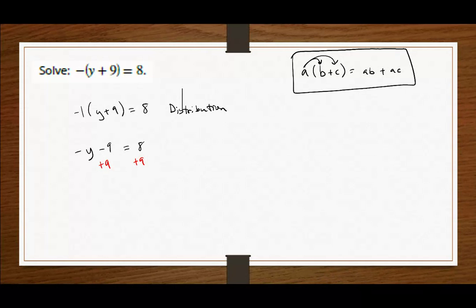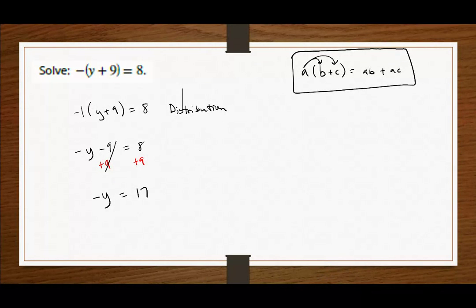If each side is equivalent to one another, then these properties of equality can be implemented without changing the assumption that it's true. So -9 plus 9 is 0, and we're just left with the variable by itself, -1y. 9 plus 8 gives us 17. So we're left with this variable and constant separated from one another.